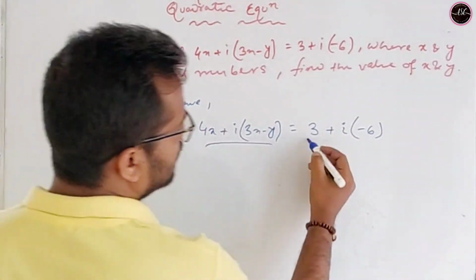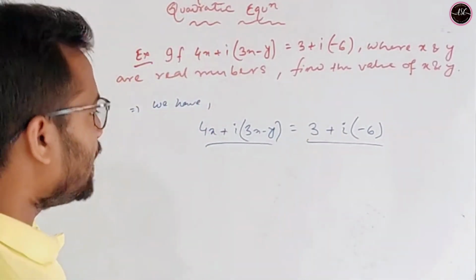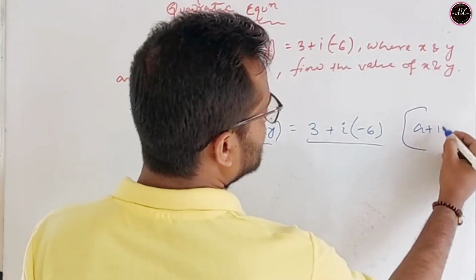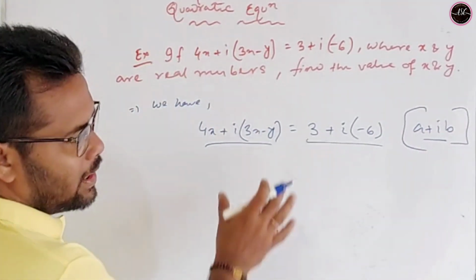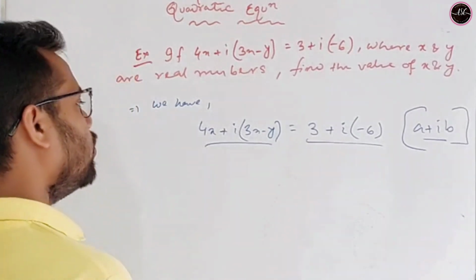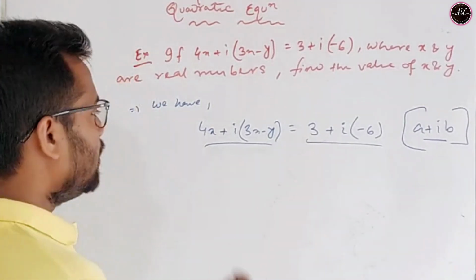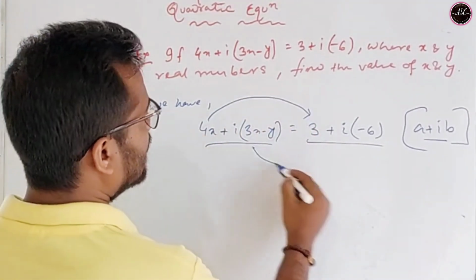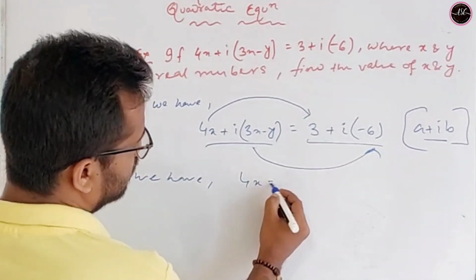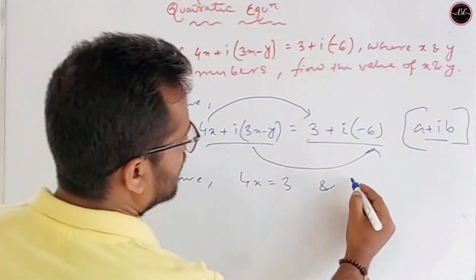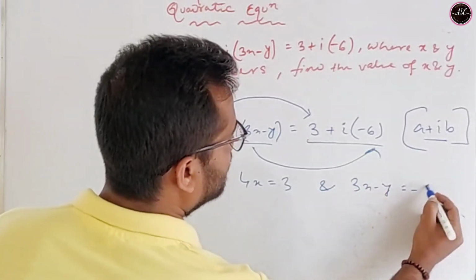This is a complex number and this is also a complex number, as these are in the form a plus ib. If there is this type of equation, then we simply equate the real part and the imaginary part. So we have 4x equal to 3 and 3x minus y equal to -6.